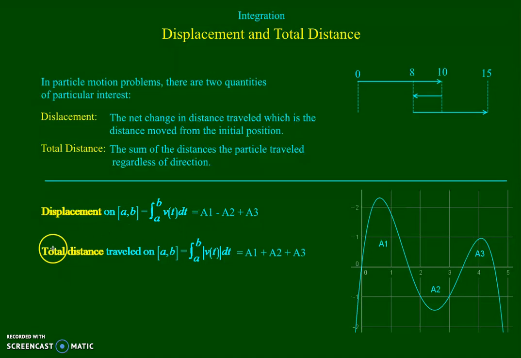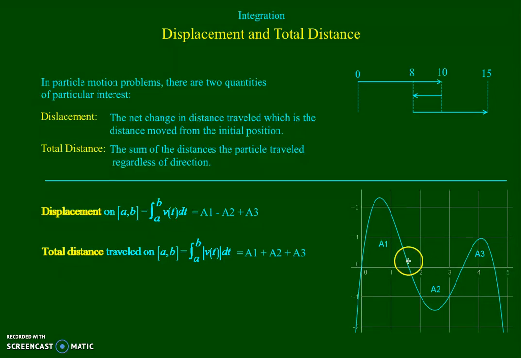Now, to look at total distance traveled, we'd have to do something slightly different. In this case, we don't want to subtract this because this basically represents going backward. So if the particle is moving forward and then it's moving backward and then forward, we actually want to add this plus this plus this.